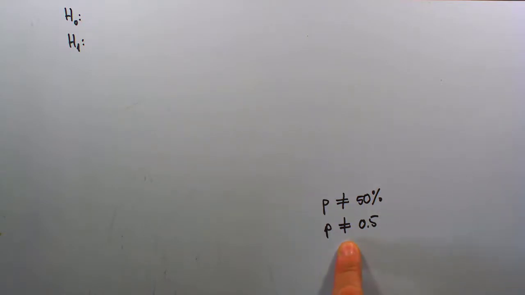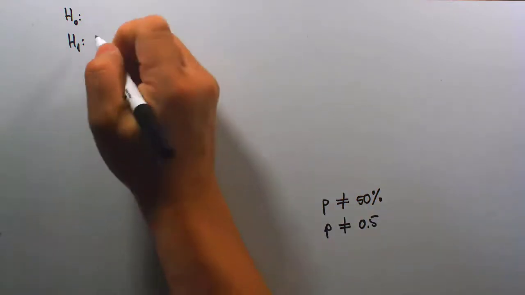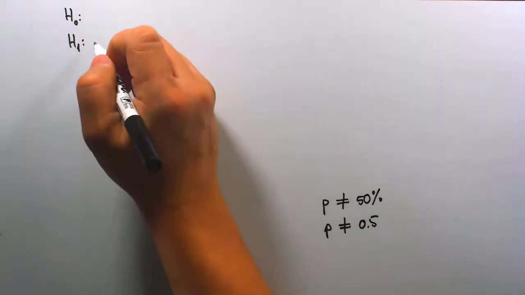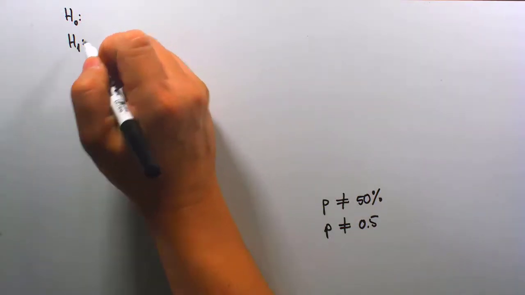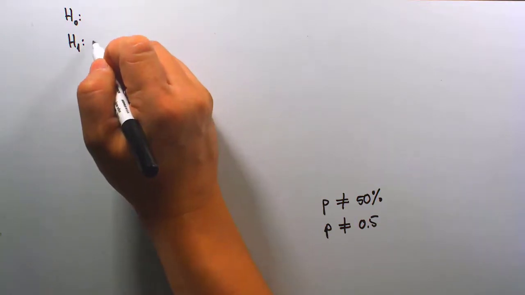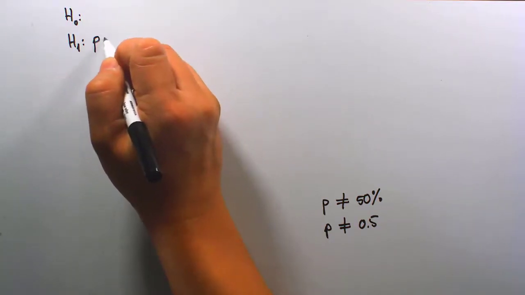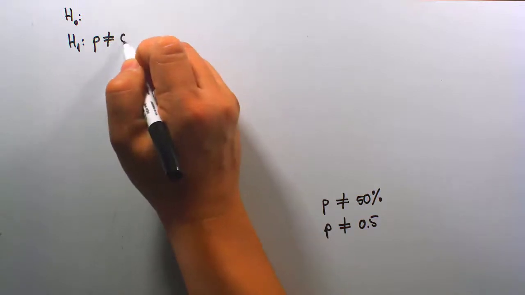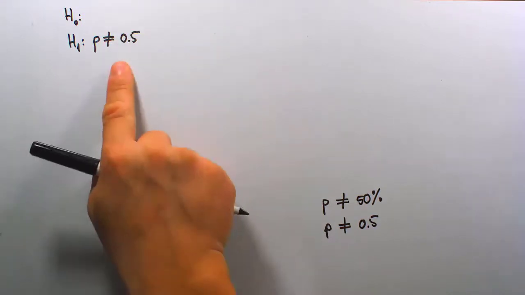This, to be clear, is an inequality. And so being an inequality, this is a statement perfect for our alternative hypothesis, H1. So in this particular problem, our H1 says P is other than 0.5, and that's what we're trying to prove.